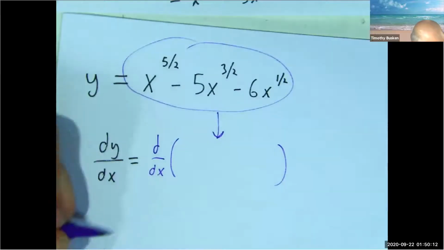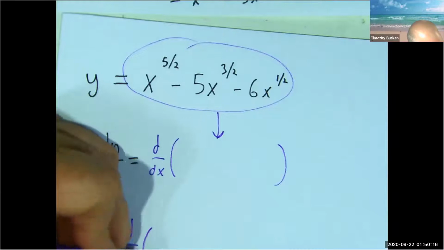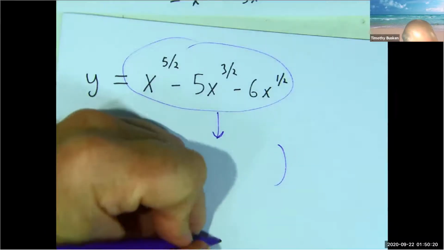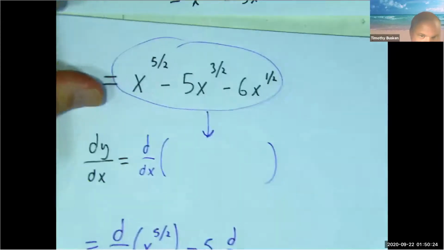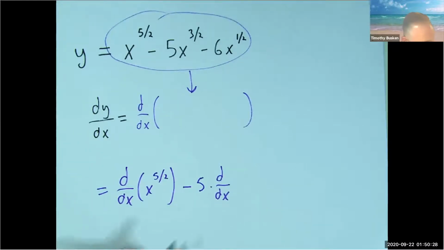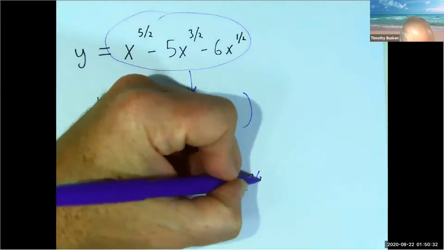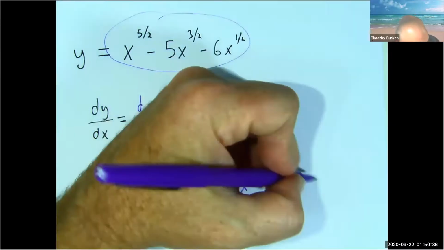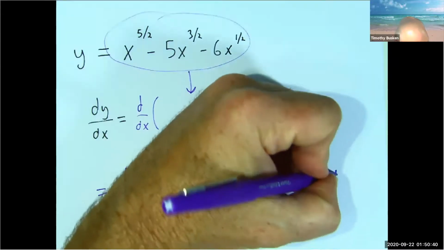Okay, so we know that's just going to be the derivative with respect to x of x to the 5/2 power, minus 5 times the derivative with respect to x of x to the 3/2 power, minus 6 times the derivative with respect to x of x to the 1/2 power.